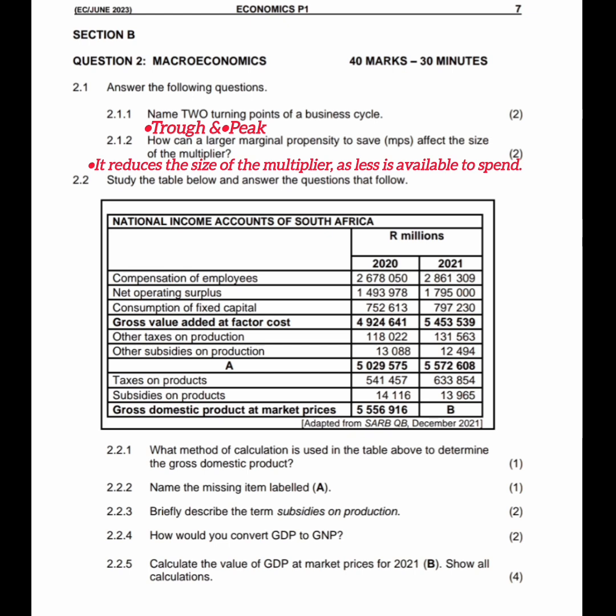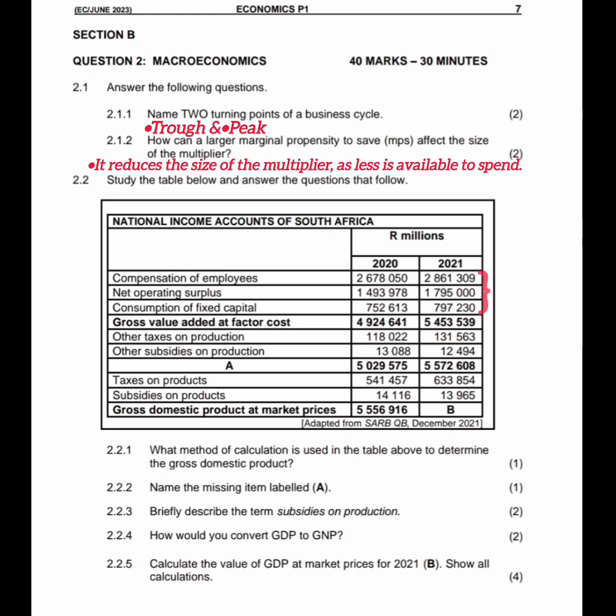And then 2.2, study the table below and answer the questions that follow. National income accounts of South Africa are in millions, which means it is in million rands. And then we have 2020 and 2021. And then we have compensation of employees, net operating surpluses, consumption of fixed capital.